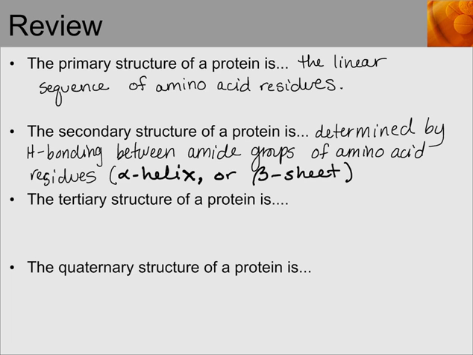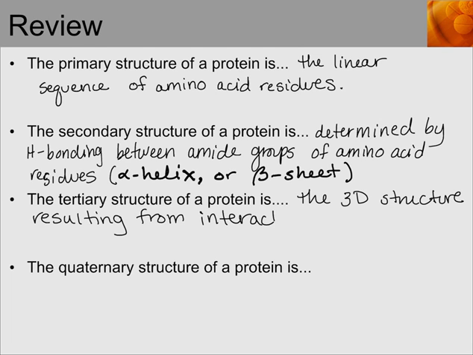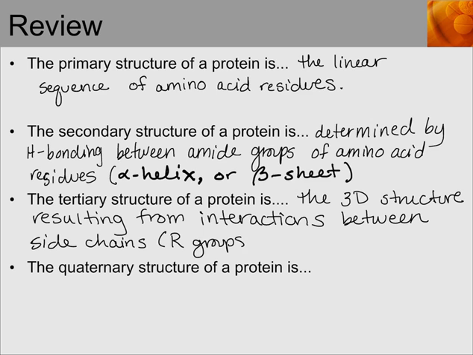All right, the next one, the tertiary structure of a protein is the 3D structure resulting from interactions between side chains or R groups of amino acids.